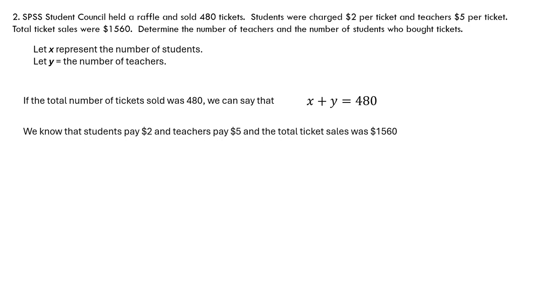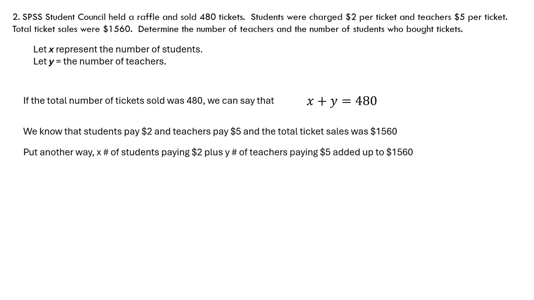We know that the students pay $2 and the teachers pay $5, and the total ticket sales was $1,560. So we can take the x value, multiply it by 2, add the y value, multiply it by 5, and that will give us the total ticket sales amount.